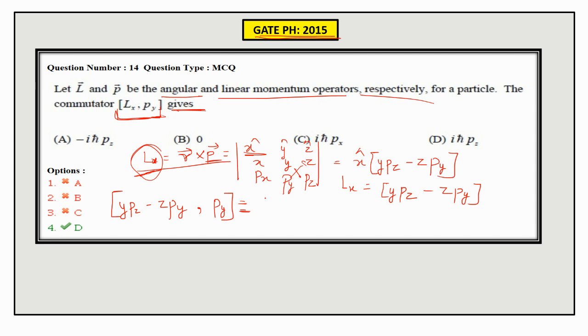This is a straightforward question. So this will become [y pz, py] minus [z py, py]. Now try this. Find out the value of these two. You'll get the answer.